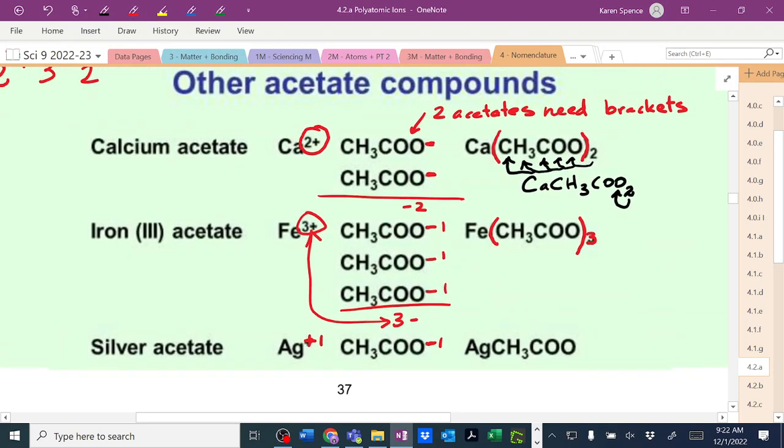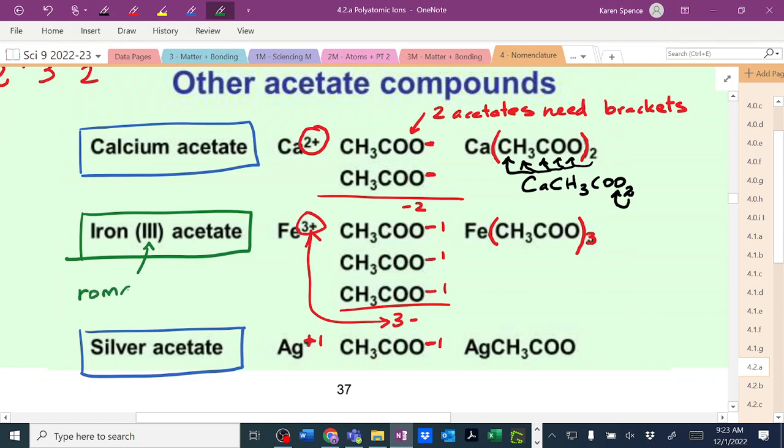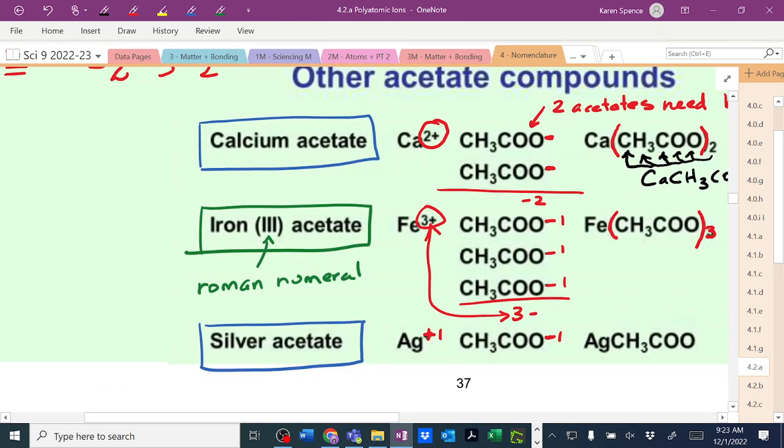What is different about the name of iron 3 acetate compared with calcium acetate and silver acetate? Yes, this one has a Roman numeral. Why does it have a Roman numeral? Calcium and silver acetate don't.